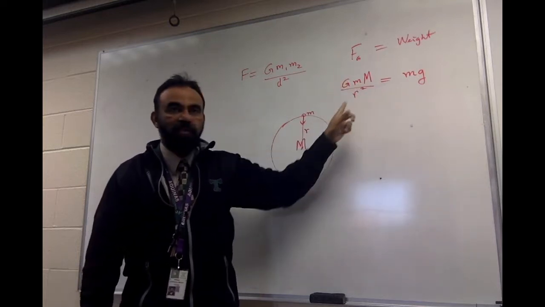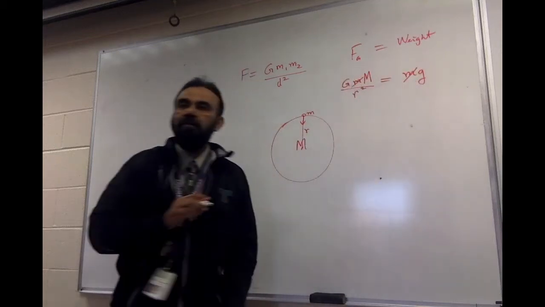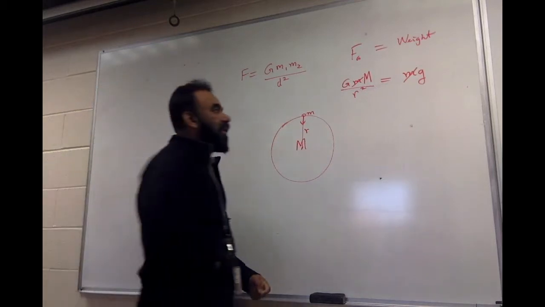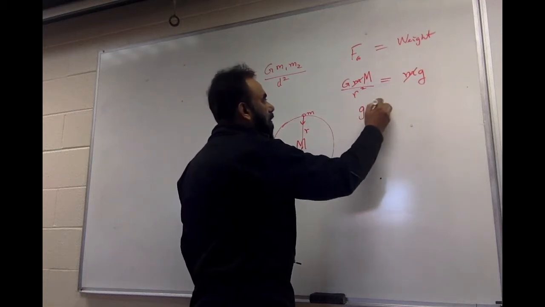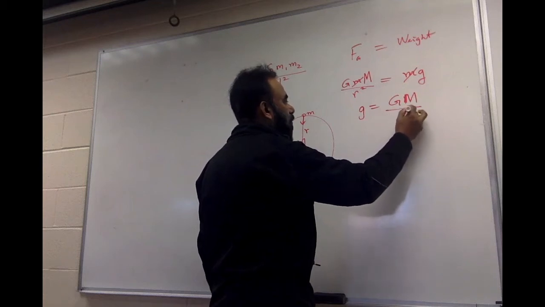So look at this equation now. Small m and small m cancel off. So what you have now is g is equal to GM over r squared.